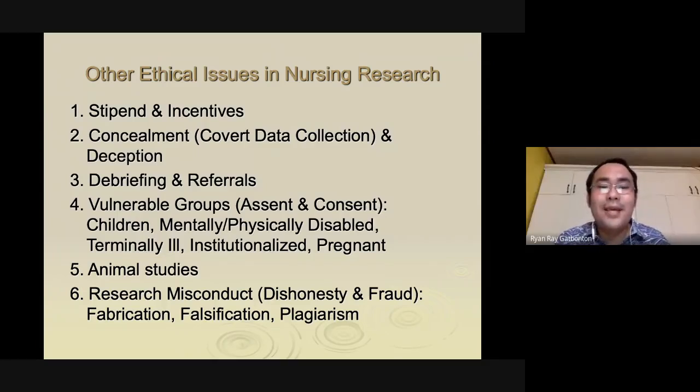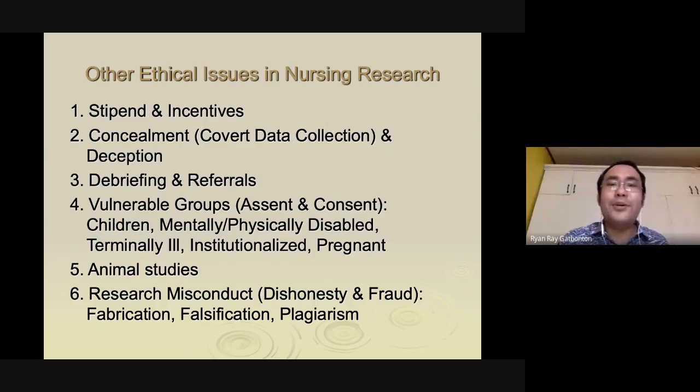Okay? And also, other issues in nursing research is yung research misconduct itself. Yung dishonesty and fraud. It can be in a form of fabrication. When we say fabrication, you create data even if you did not do data collection. That's wrong because you did not do any data collection. You did not do a rigorous method to collect your data. So that's a research misconduct. All right?